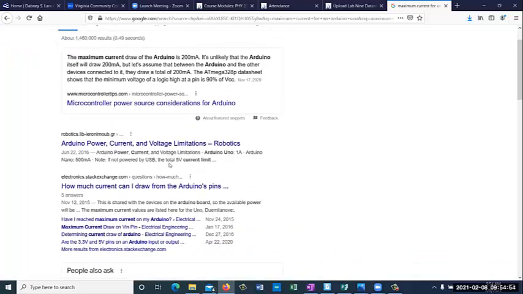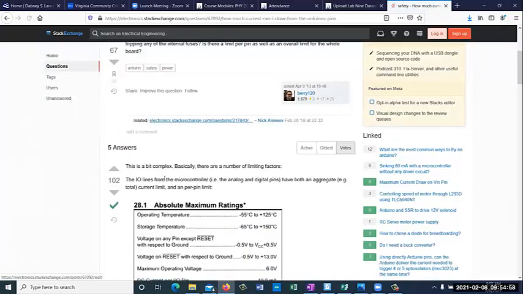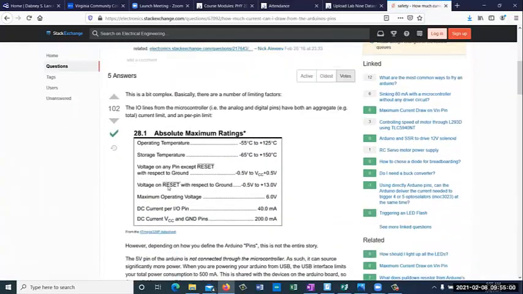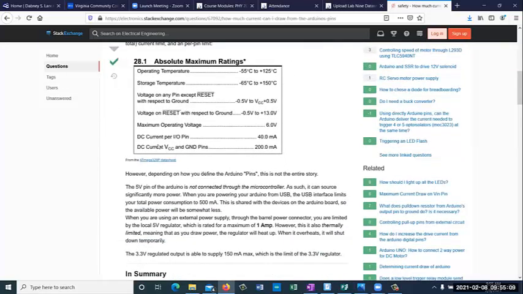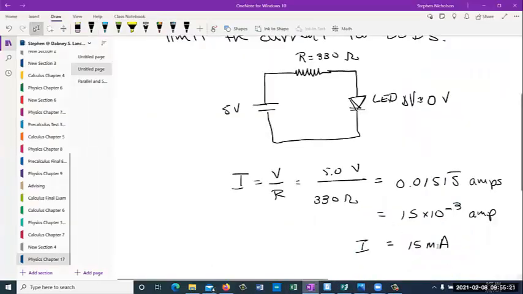So let's see what it says here. DC current, 40 milliamps. Okay. Oh, there you go. Actually, that makes more sense. So DC current per input-output pin, those are the digital pins, 40 milliamps. So if we go to here, you see we got 15 milliamps.